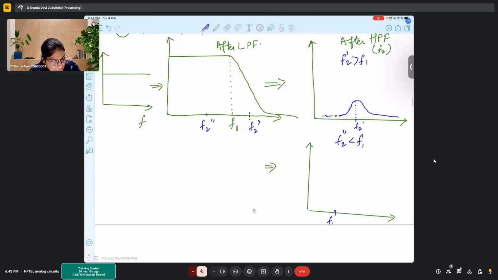So this is F2 double dash. Here somewhere it was F1. I'll get this constant gain. Here this will drop and again this will drop. So this is my pass band. This is stop band.